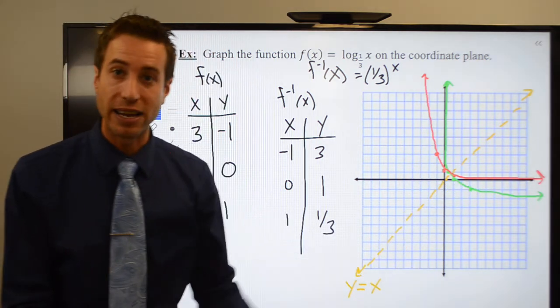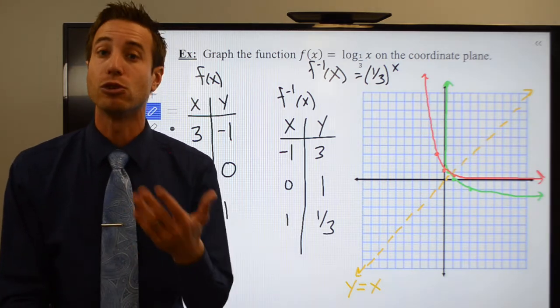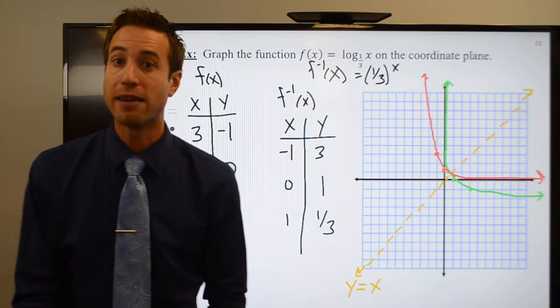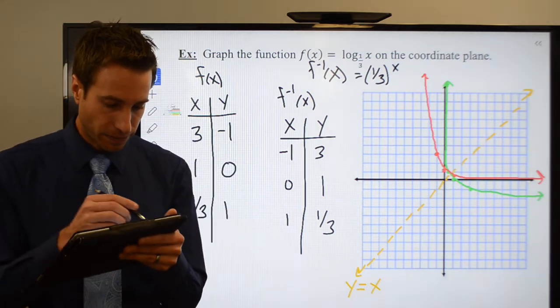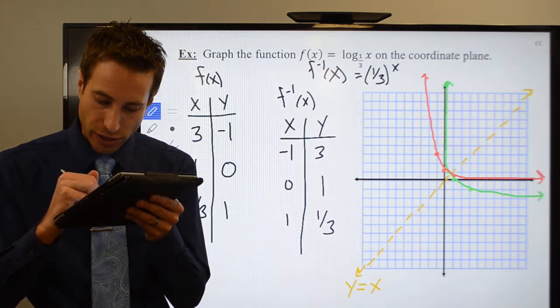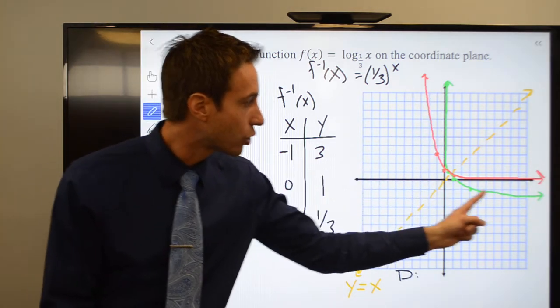So again, they are inverse functions. I graph both inverse functions, something you should be able to do or get comfortable doing. I will ask you to do it. And let's go ahead and find our domain and range. For my logarithmic function, the domain: again, take a look at this. The logarithmic function is in green.